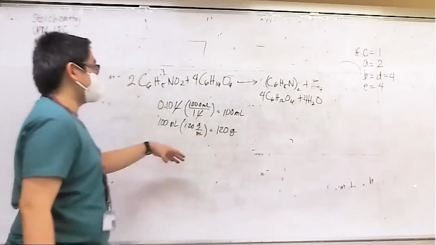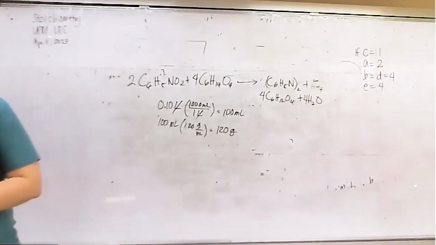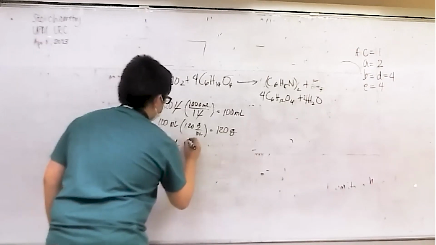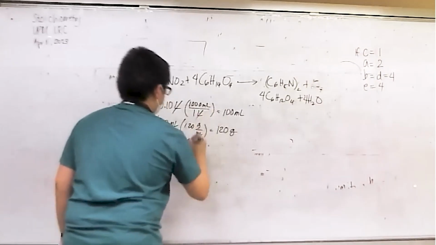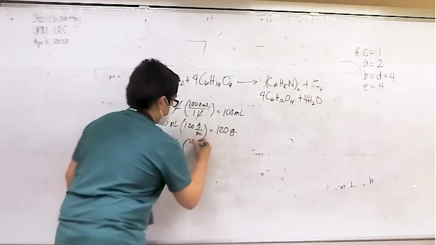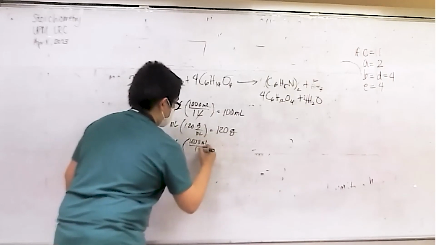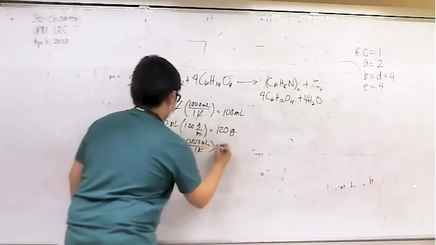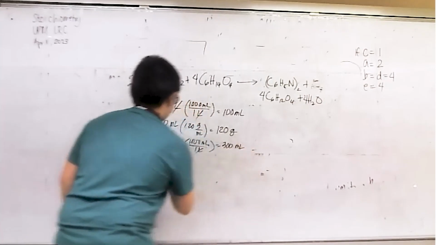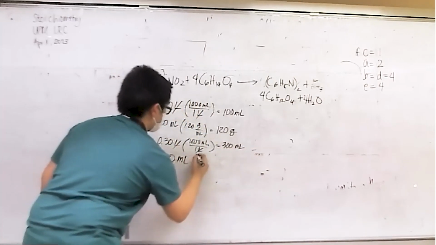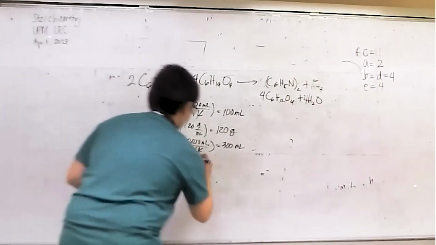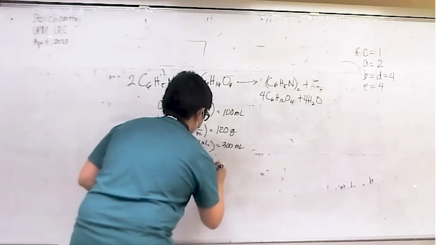So, meron lang tayong grams, and we do the same for the other one, since we're given liters for the other one. So, first, 0.30 liters, convert it to ml para same sila ng unit. That's 1,000 ml per 1 liter, cancel both, and then you're left with 300 ml, and then 300 ml multiplied by the density, which is 1.12 gram per ml.